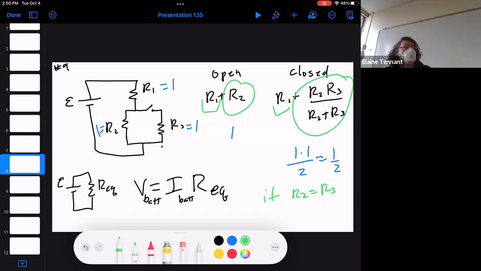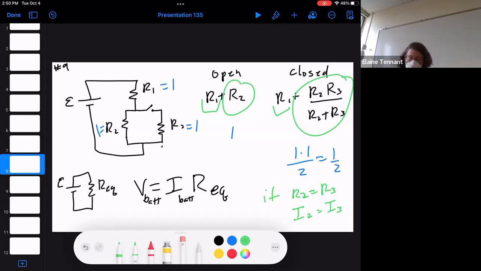Yeah, what would you say about it? You could do an equivalency. Can you say I2 is just equal to I3 in this case? Yeah. Okay. So if they're the same, then the current should split up equally.